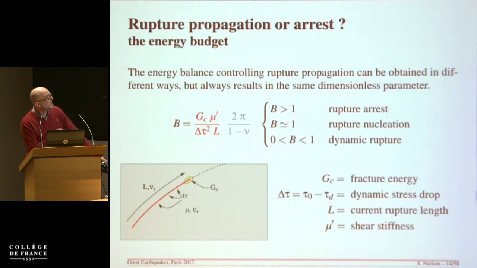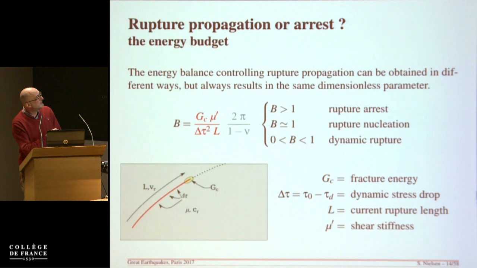But basically, there's one dimensionless parameter that controls whether the rupture will propagate, accelerate, or stop. And you can find it in different ways, from different points of view, by doing different energy budgets. You always end up with the same combination. So you have the length of the active rupture, which I call L, the dynamic stress drop, which happens in the active part of the fault, which is here in red, and the elastic stiffness.